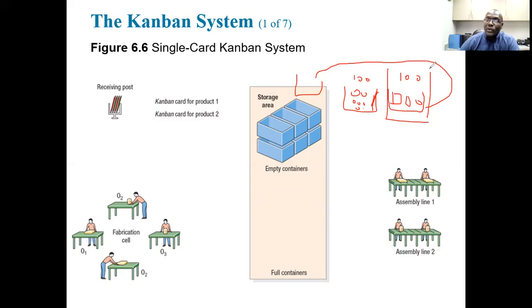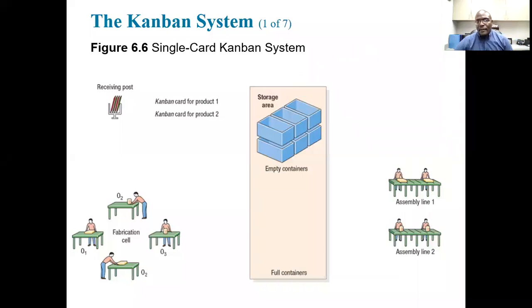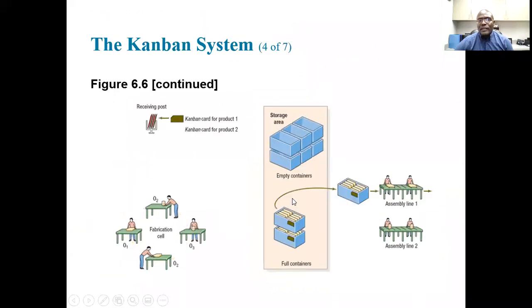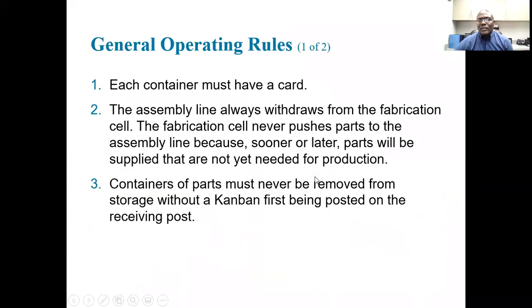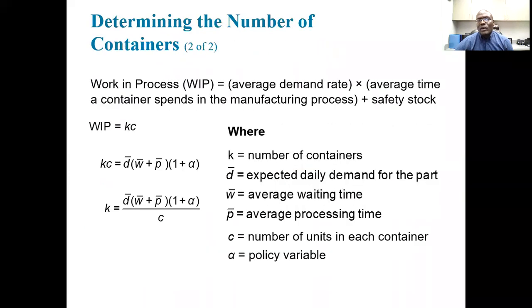Okay, and we're going to look at certain calculations that involve figuring out how many containers we need, okay, and how much stuff should be in each container. Okay, and that'll be in the second part of this video today. Okay, so I think that's basically all the theory that I wanted to talk about.